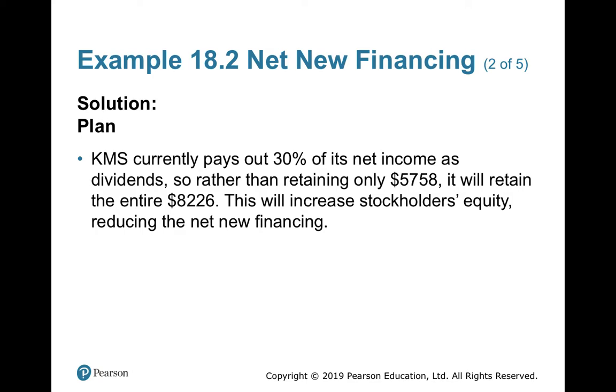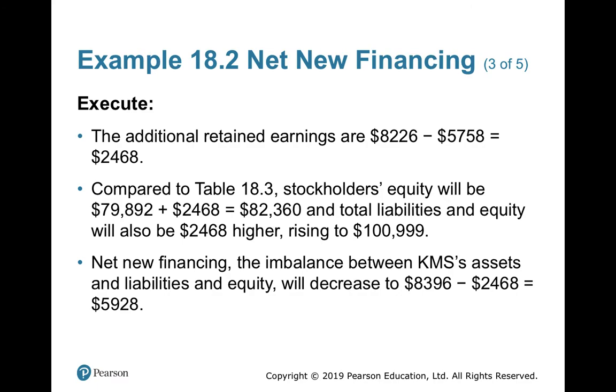Instead of keeping 5,758, the company can keep the whole net income of 8,226 without paying the 30% dividend. All the net income the company can use for growth. Then the additional 2,468 comes from 8,226 net income, of which 5,758 the company already holds without paying dividend.